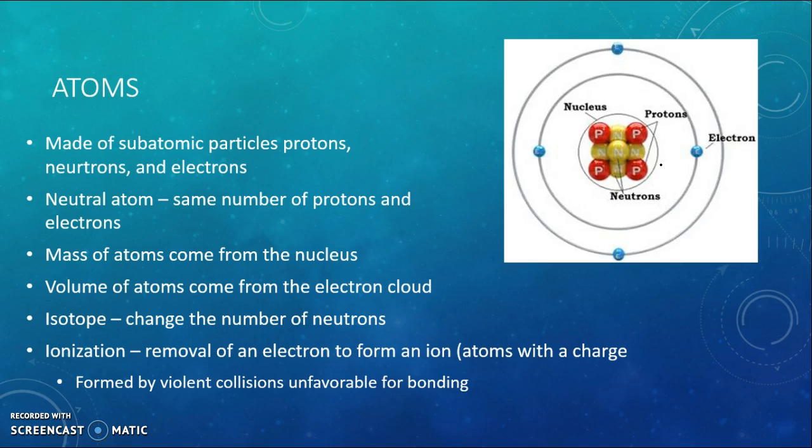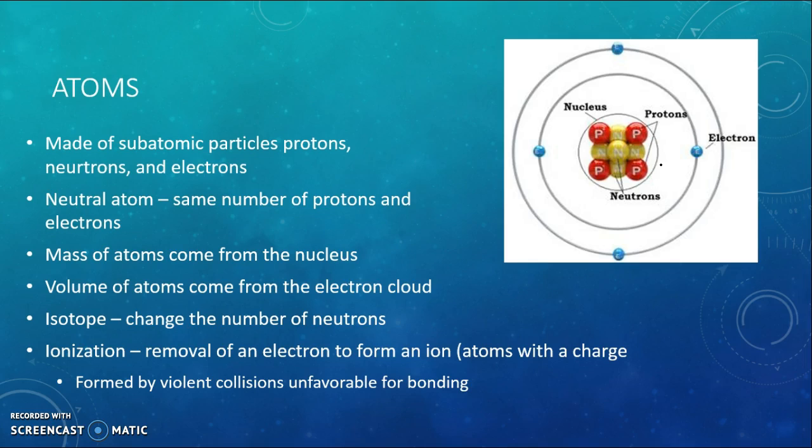However, the electrons don't like to be near each other, and they spread out in these big, huge electron clouds, and so the volume of the atom comes from the electron cloud. To give you some perspective on that, if you were to go down to the stadium and we're looking at the football field, if we were to take one of those little English peas, a little green pea, and stick it in the middle of the 50-yard line, and then we sit all the way up near the concession stand, looking down at the field, you would not be able to see that green pea.